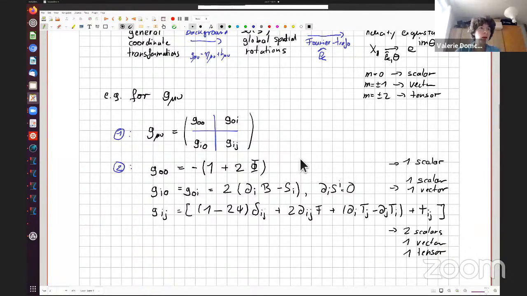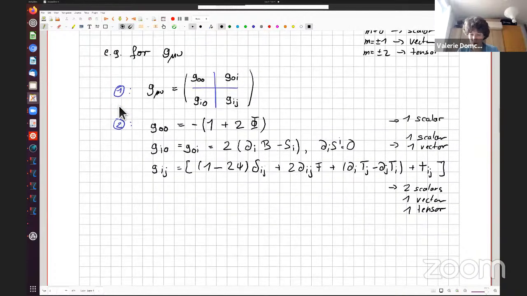And now we can count all of this together. So we have 4 scalars in total. Then we have 2 vectors, but each vector has 2 degrees of freedom. And then we have one tensor. The tensor also has 2 degrees of freedom. So in total, we have 10 degrees of freedom, as one might have anticipated from a symmetric 4x4 tensor, right?